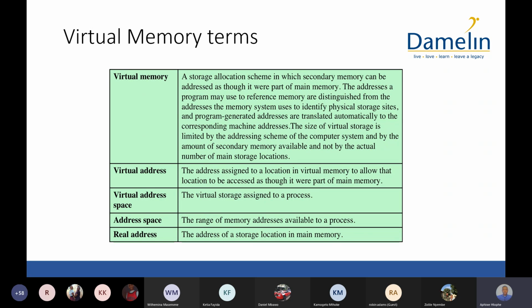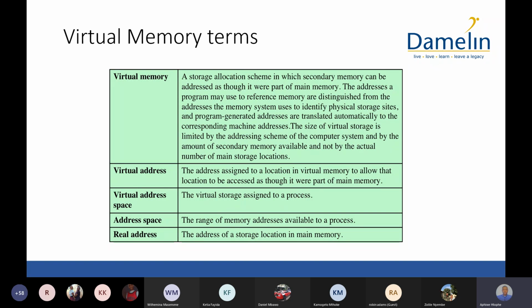And then they also talk about virtual address. Okay, what is the difference between a virtual address and a virtual address space? A virtual address space is a storage allocation. The virtual address is the address of the process within the secondary disk. A virtual address space is the actual space assigned to that process.